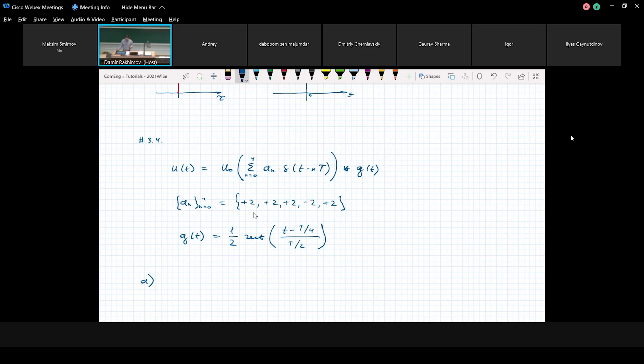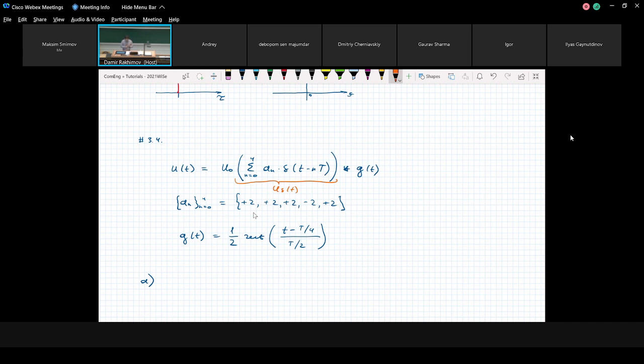For this task, you simply need to draw all these signal components. I denote the expression in parentheses as u delta of t. So we have to plot u delta of t, g of t, and u of t.